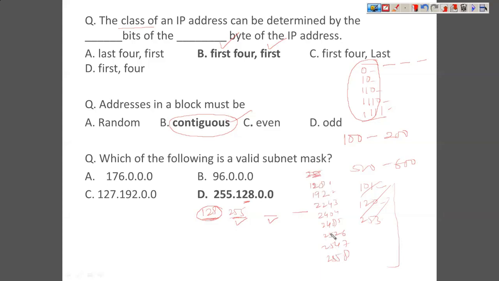Apart from these, if you find any other value here, that means this is wrong. This is not possible, not possible, not possible. Now this one: what does this mean? It is not possible unless this is 255. You cannot move here. And the second one is also not a possible value. Now this is correct: 255 and then 128. So this is the possible subnet mask.